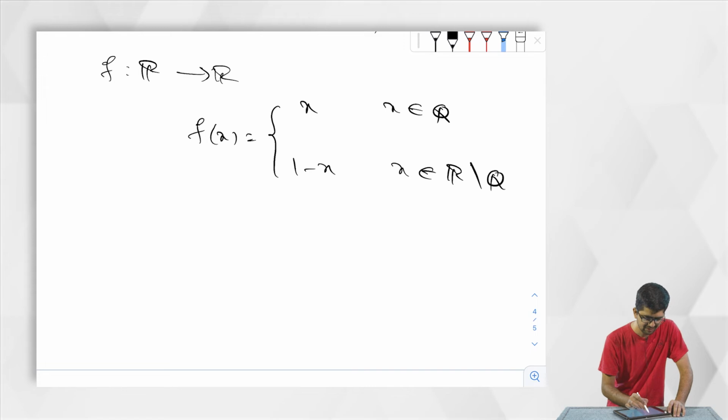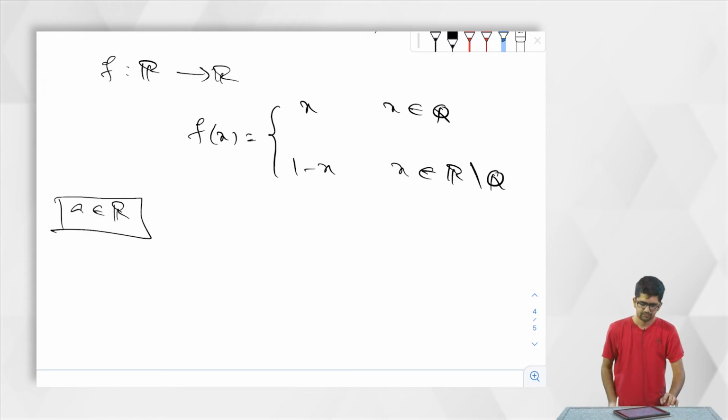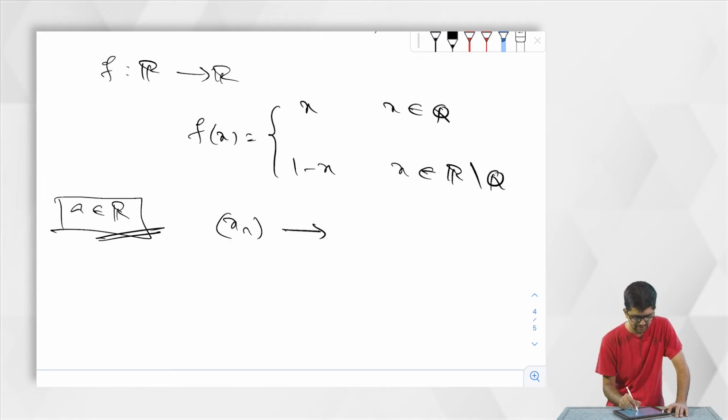Now let us fix some element a belongs to R. Then we have to see whether this function is continuous at this point or not. So now we are trying to use the sequence version. Given a belongs to R, because rational numbers are dense, there is of course a sequence x_n in Q that converges to a.